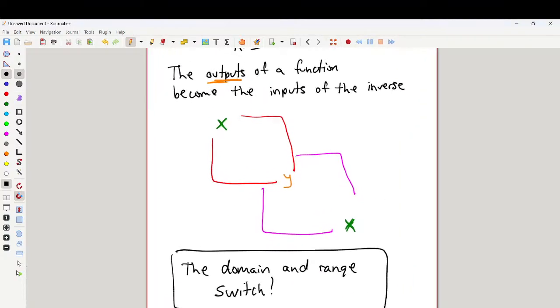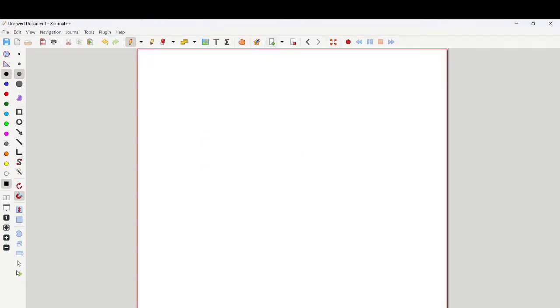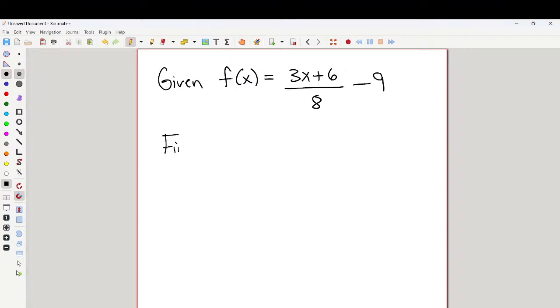All right. So the last thing that plays right into this conversation is, given any function in the world, how do we find its inverse?